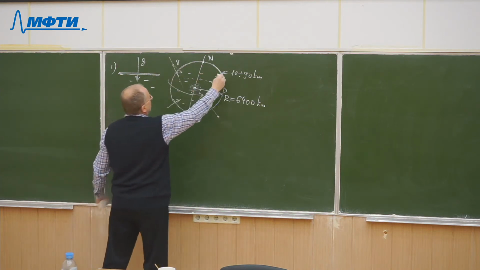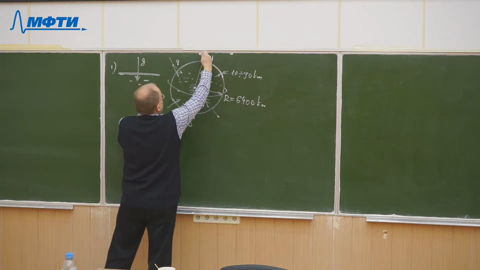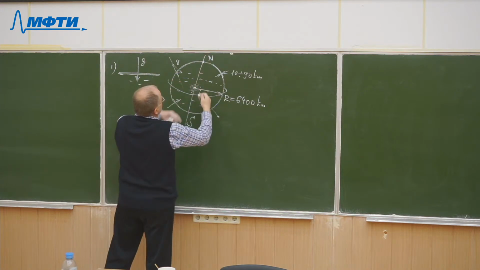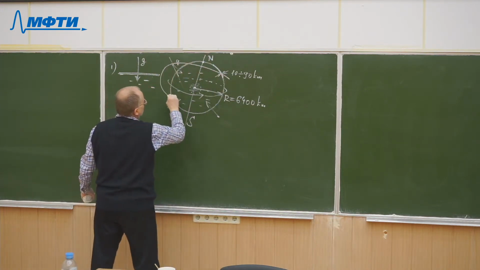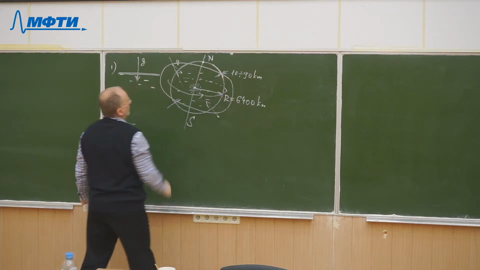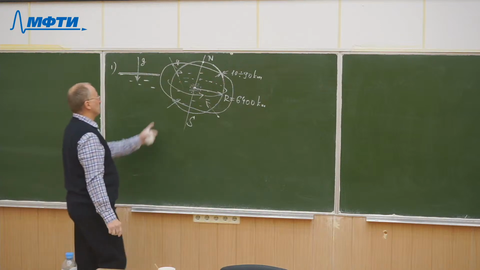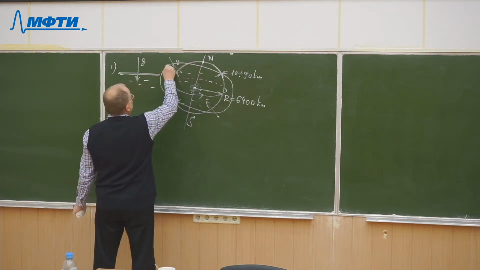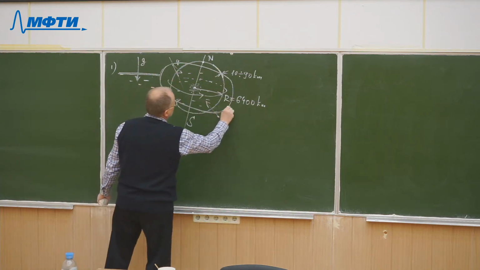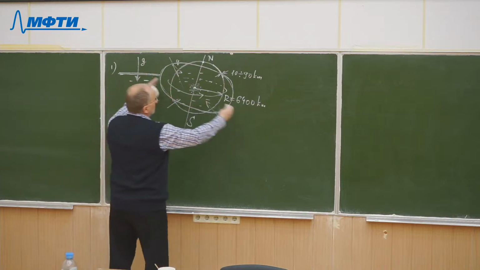And as a consequence, the planet turns out to be somewhat compressed from the poles, and the figure of the planet looks more like an ellipsoid of rotation, or ellipsoid of revolution. So the ellipsoid of rotation is the actual form of the planet because of its rotation, because of centripetal forces.